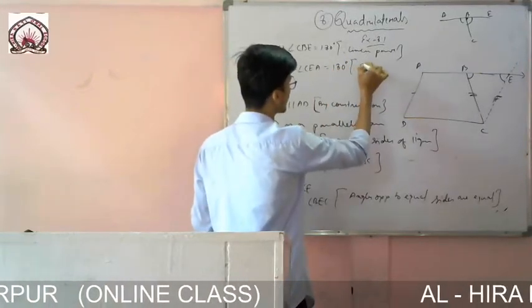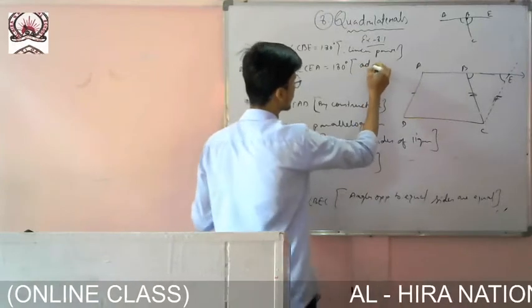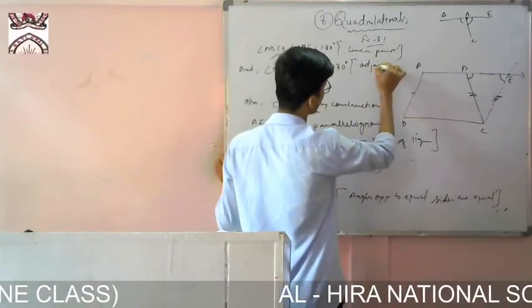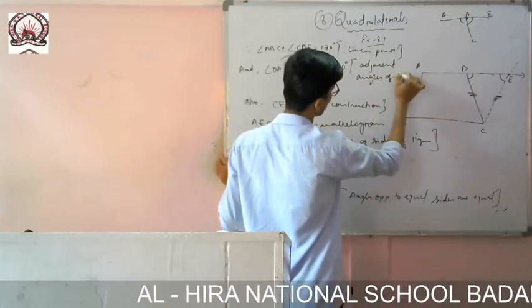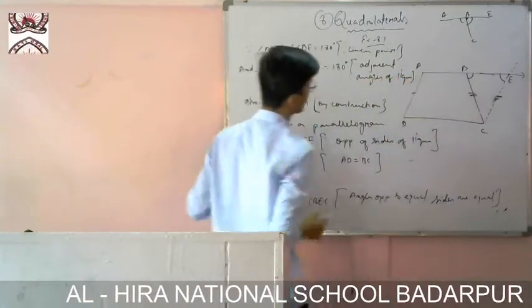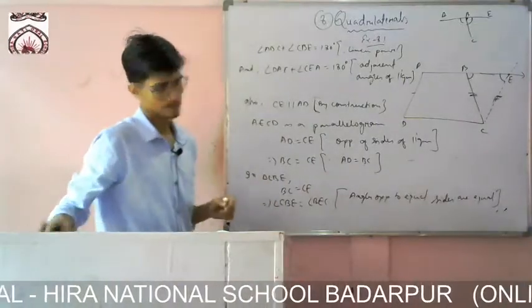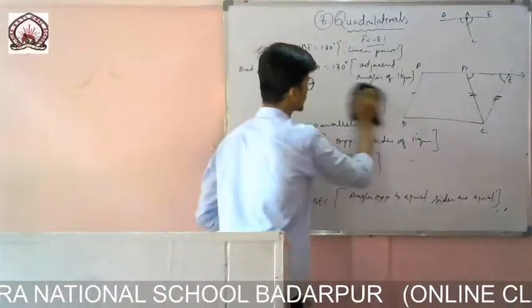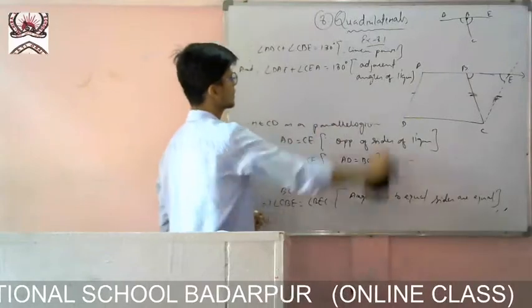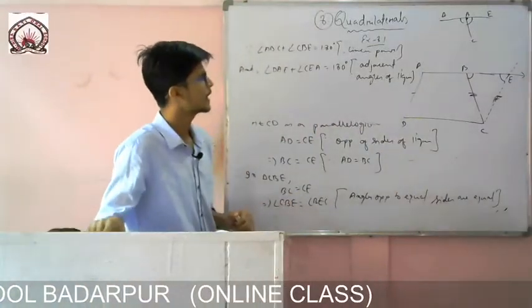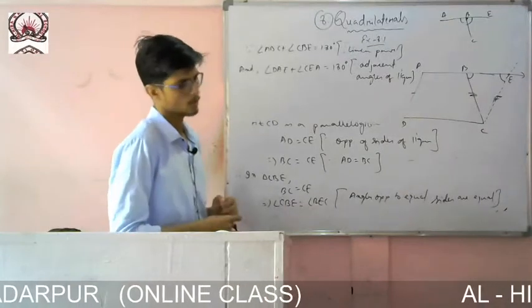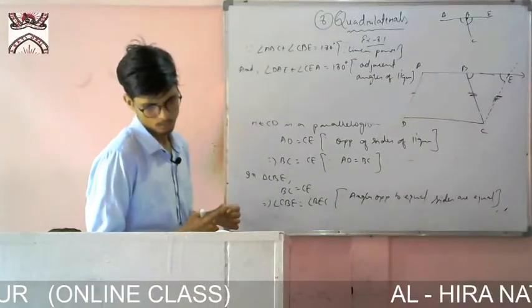There you write, since adjacent angles of a parallelogram are supplementary. So angle DAE plus angle CEA equals 180 degrees.